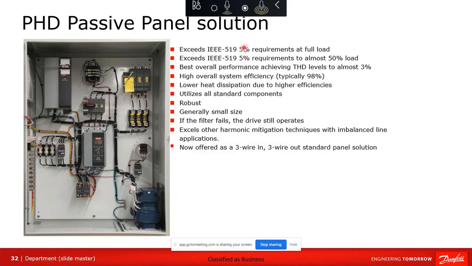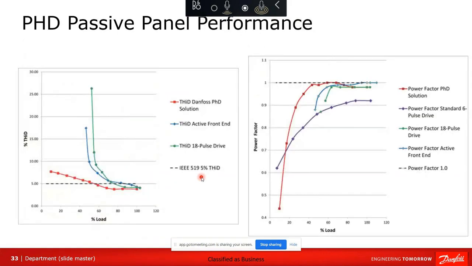IEEE 519 compliant. This product actually comes with a performance guarantee from an IEEE standpoint. So it's a pretty sweet system. And here's the performance. My red dashed line is my harmonics performance.